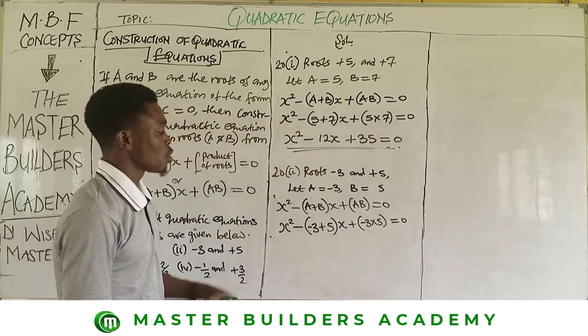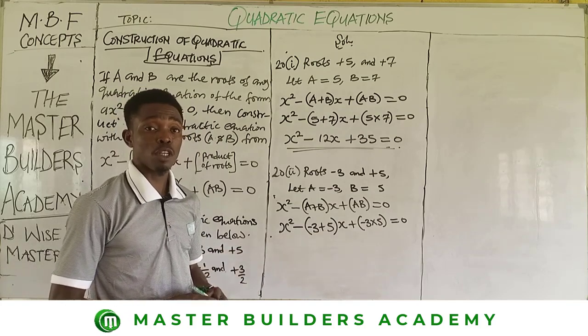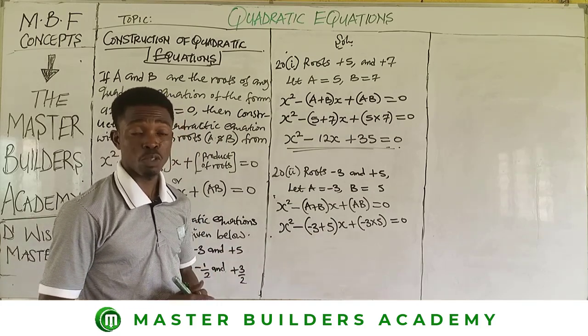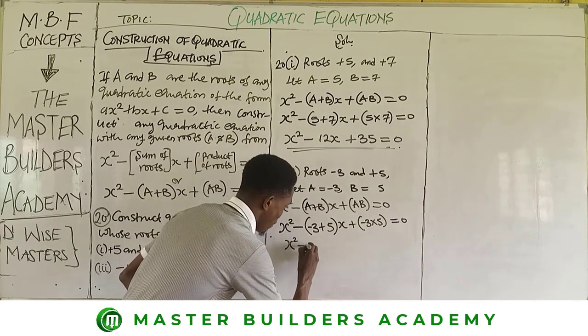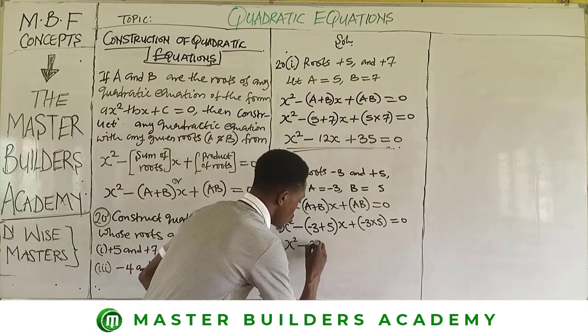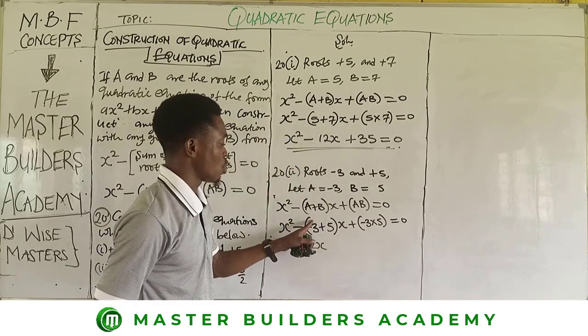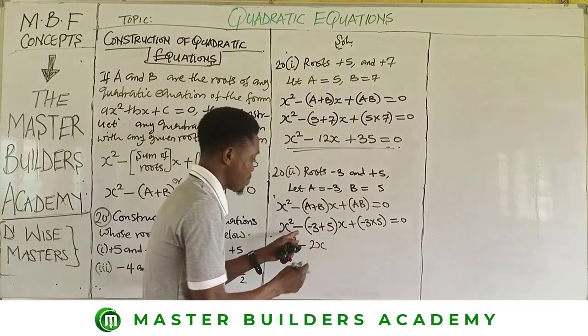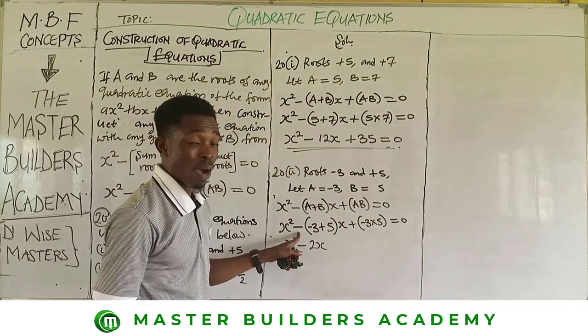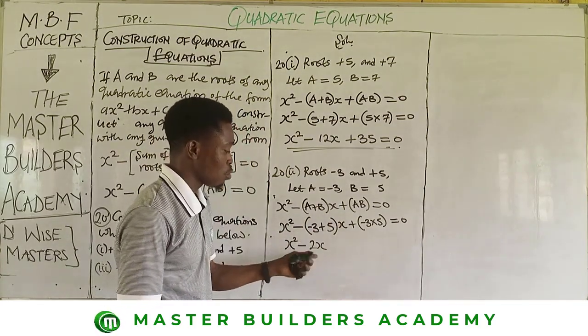Now the next thing we are quickly going to do, guys, is to sum minus 3 plus 5, which gives us plus 2. You can check that with your calculator. This gives us X squared minus 2X. Don't forget, minus 3 plus 5 is plus 2, so minus times plus 2 gives minus 2X.